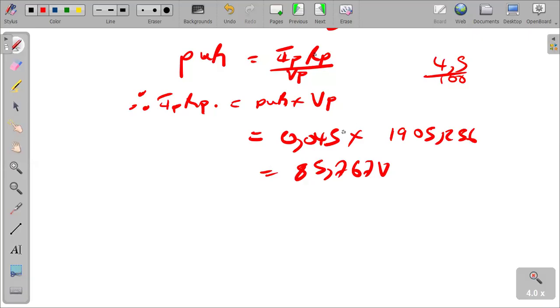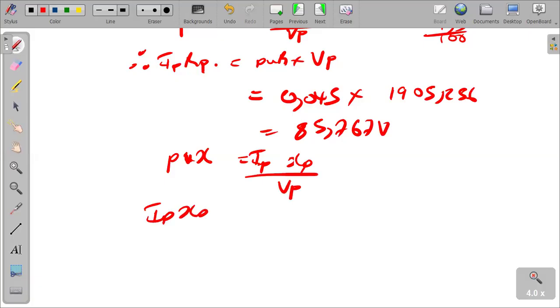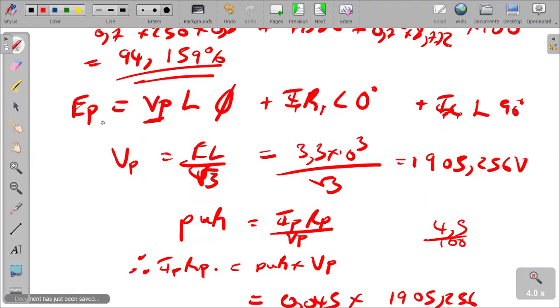We repeat the same again for per unit reactance. PUX, the per unit reactance, is equal to IP XP over VP. Making IP XP the subject, we have per unit reactance multiplied by VP. What is our aim? We want to calculate EP from this formula.